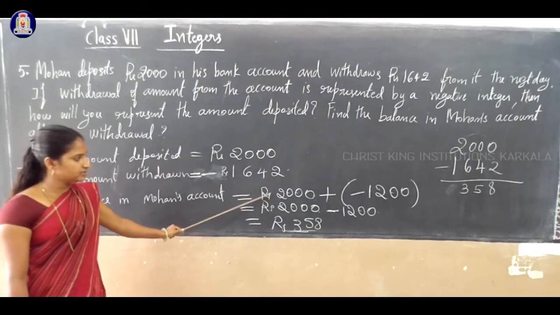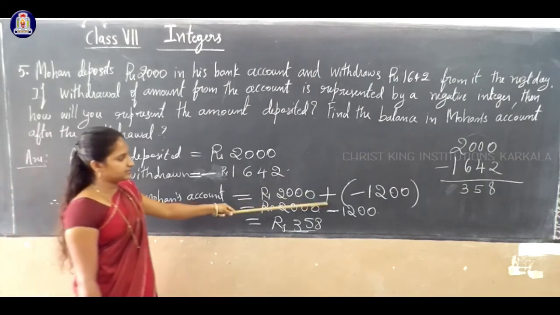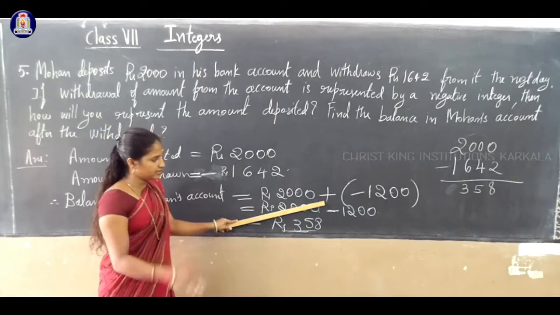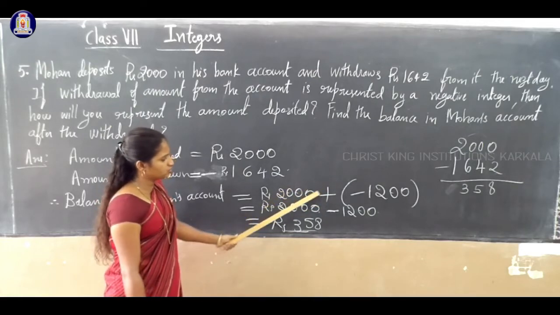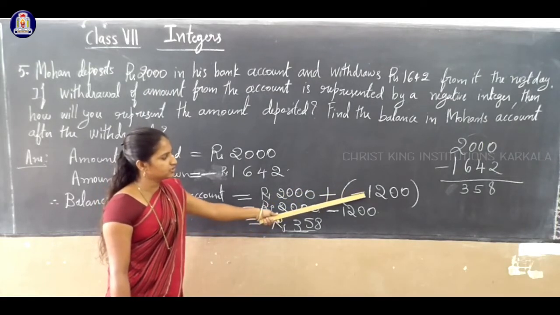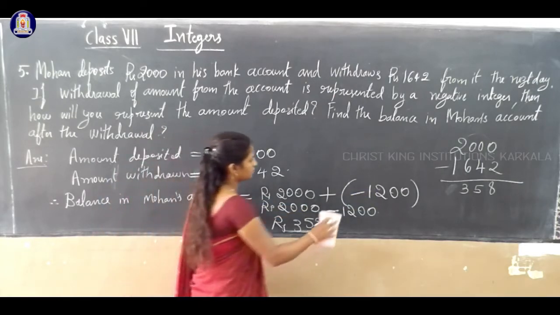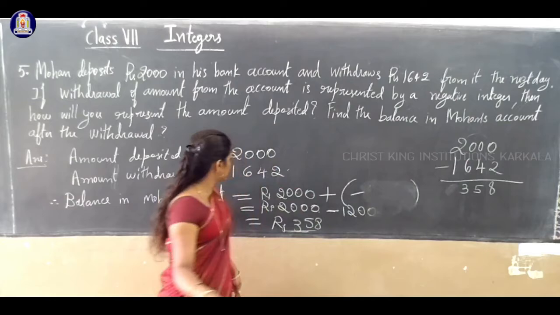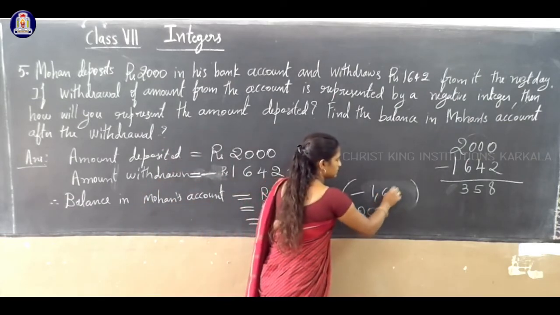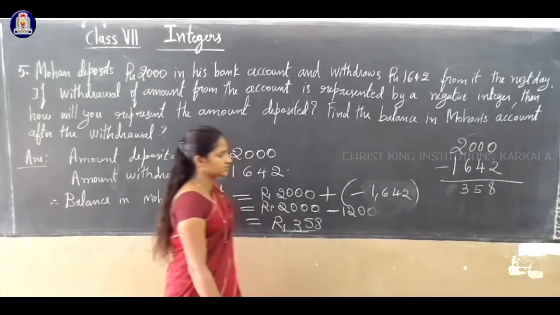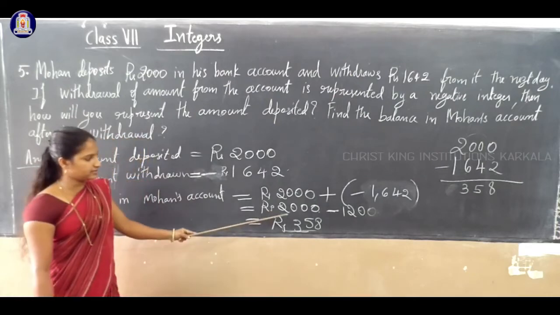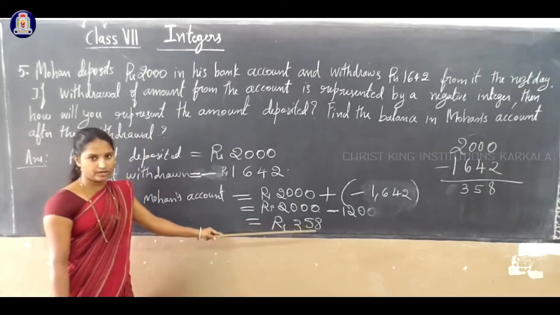First you write rupees 2000 plus minus 1642.